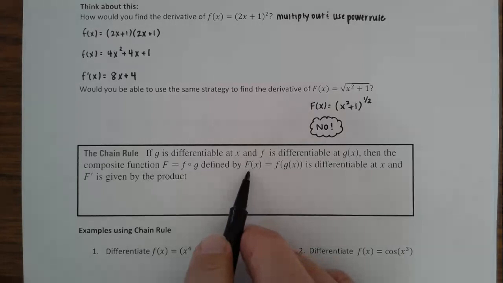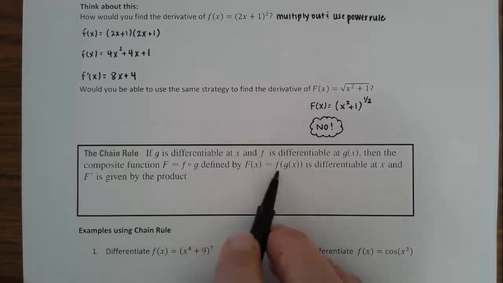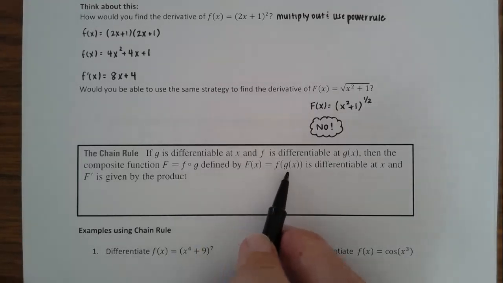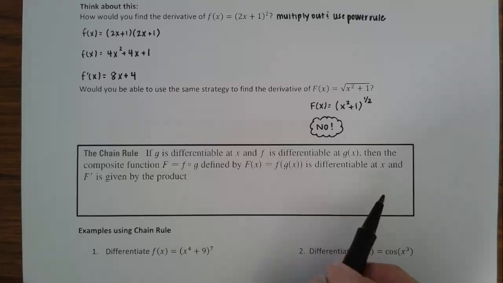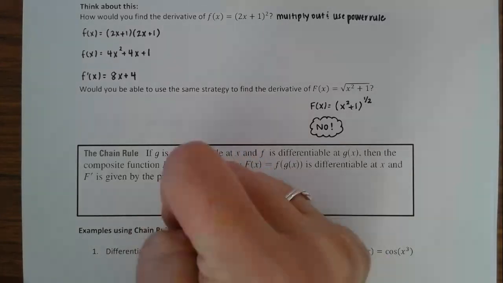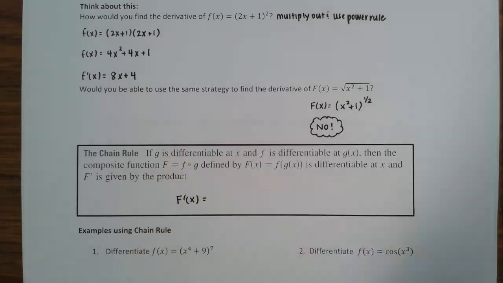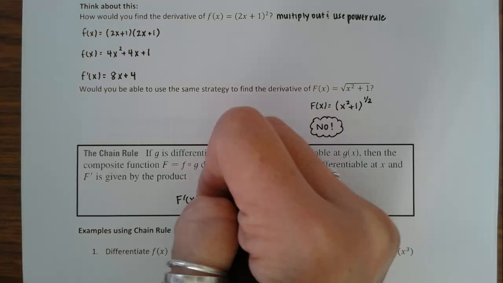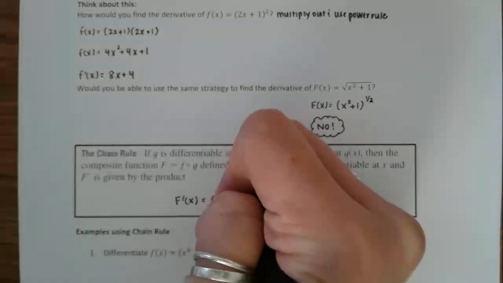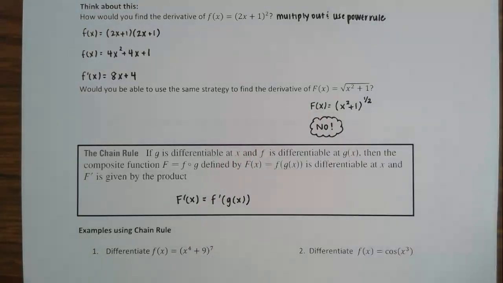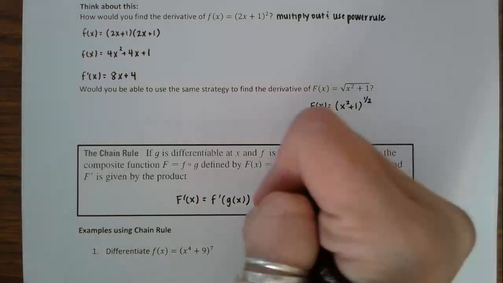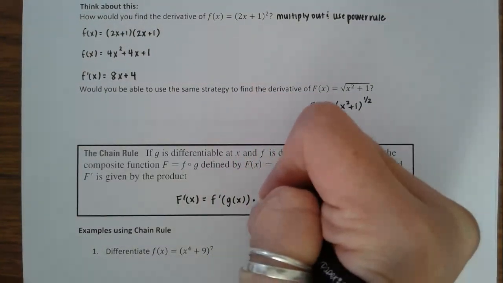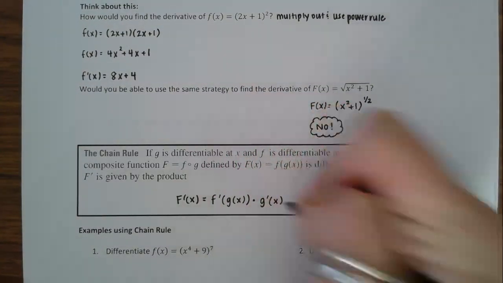So the chain rule allows us to take the derivative of a composite function. If we have some composite function defined by F of x, and we call that f of g of x, then we would say that the derivative, or big F prime of x, is going to be equal to the derivative of the outer part of our function with the inner part staying exactly the same, times the derivative of the inner function.